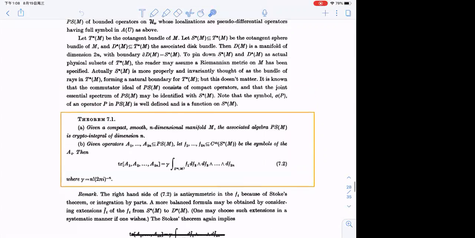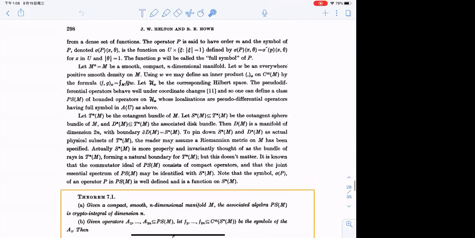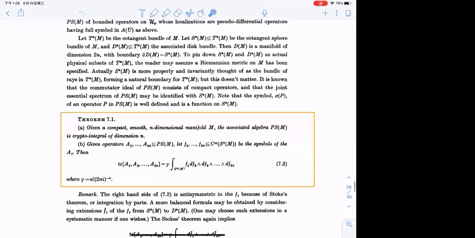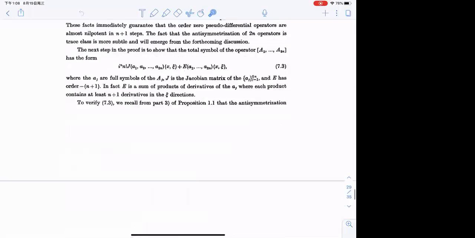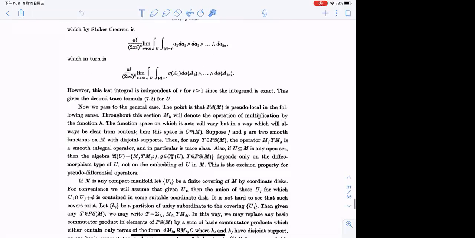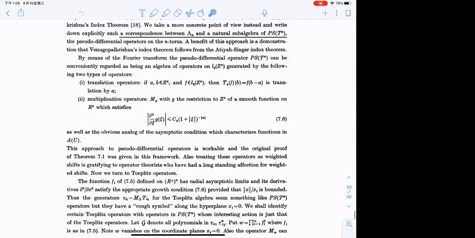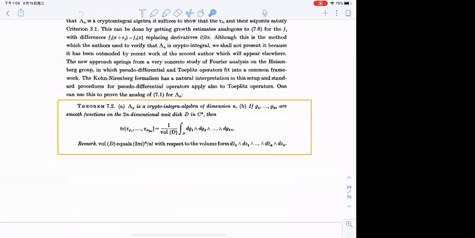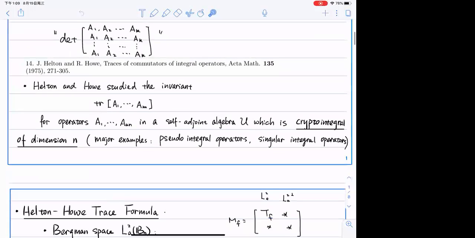I'm not an expert on this, but I think they mention somewhere that this is a consequence of the Atiyah-Singer index formula. Another example is the Toeplitz operators, and you have a similar formula here. I will introduce this in my note. So they studied this invariant.